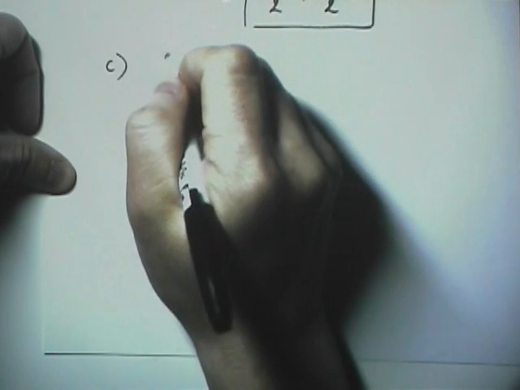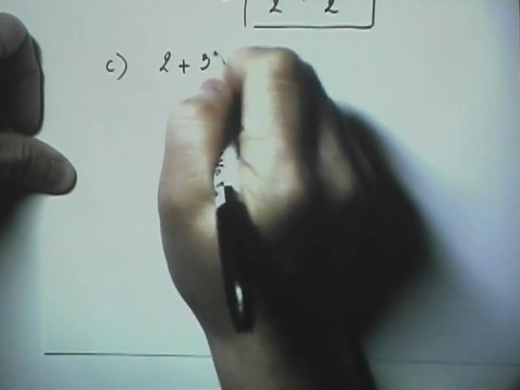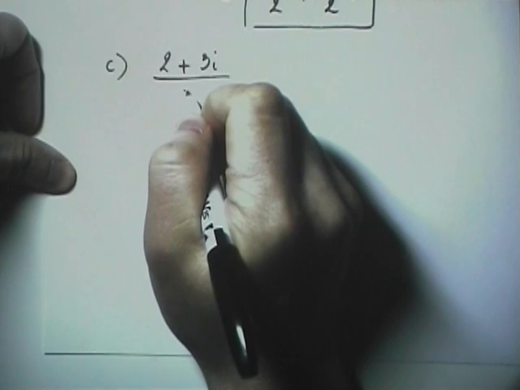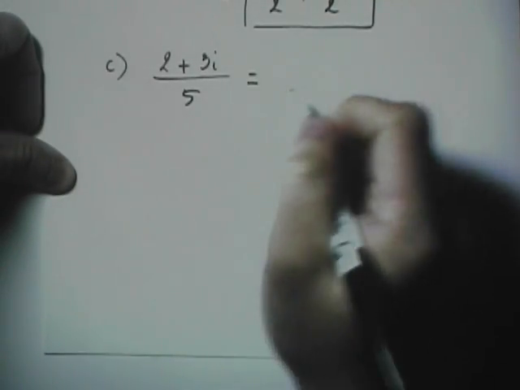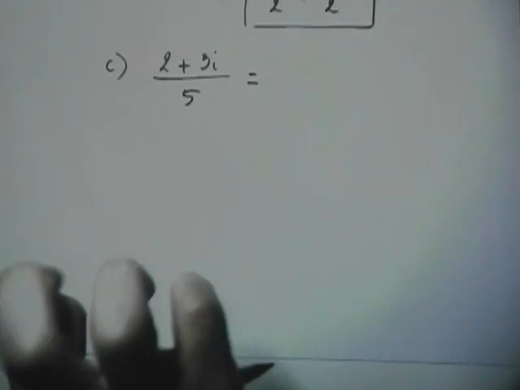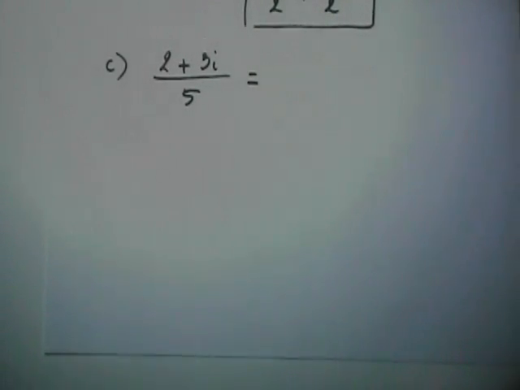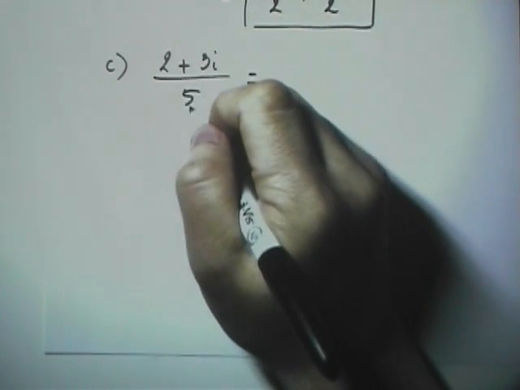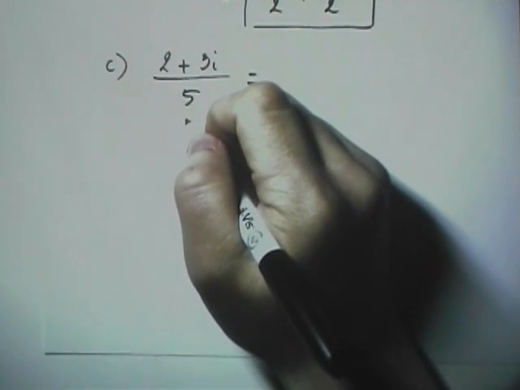Another problem: this time we have 2 plus 3i divided by 5. Once again, you would look for the complex conjugate of the bottom, but what is the complex conjugate of 5? This time, don't even bother. The bottom itself is a real number.